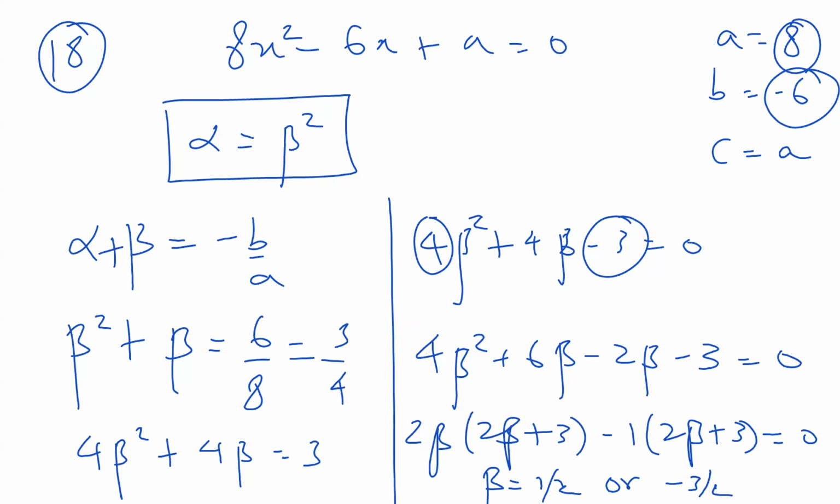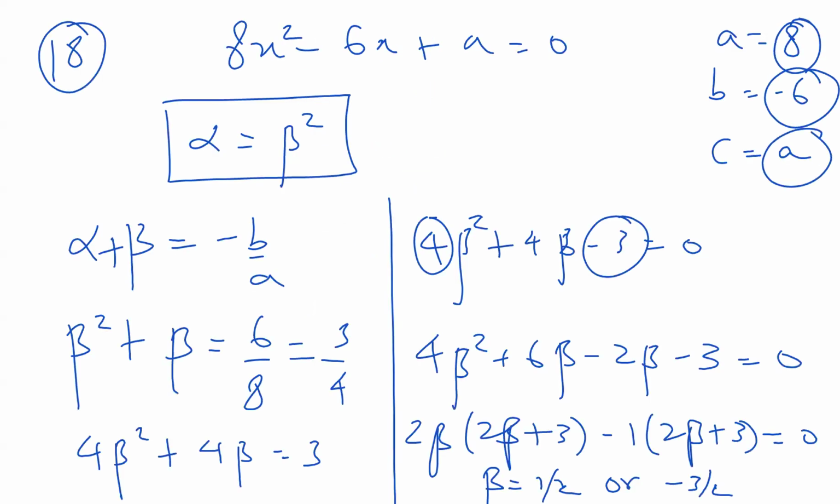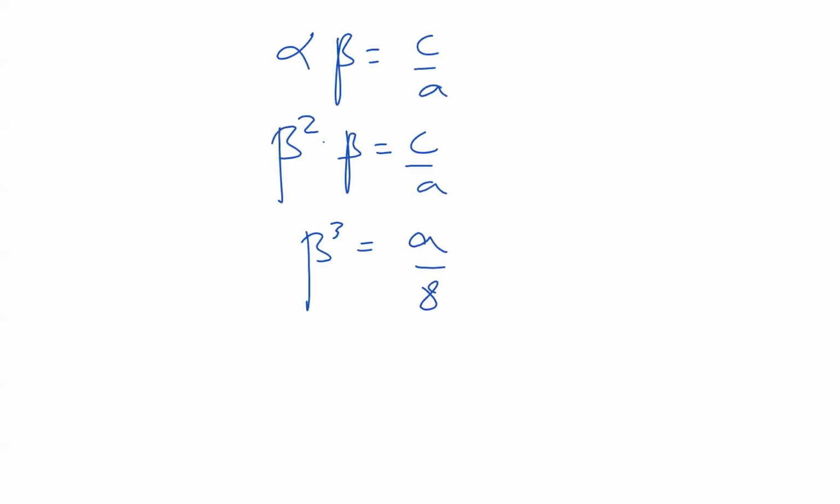Okay, so now alpha into beta is equal to c by a. Alpha is beta square, so beta cube is equal to c by a. Now c is a and a is 8, so a upon 8. Now there are two cases over here.